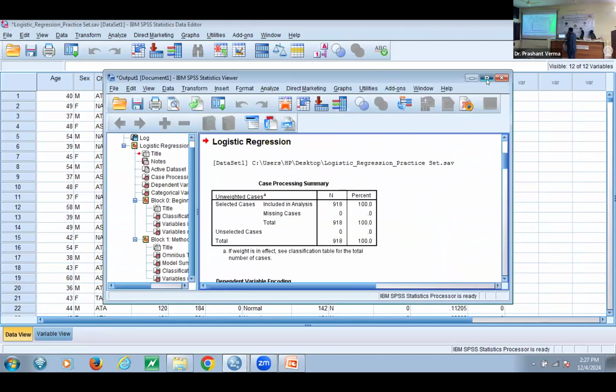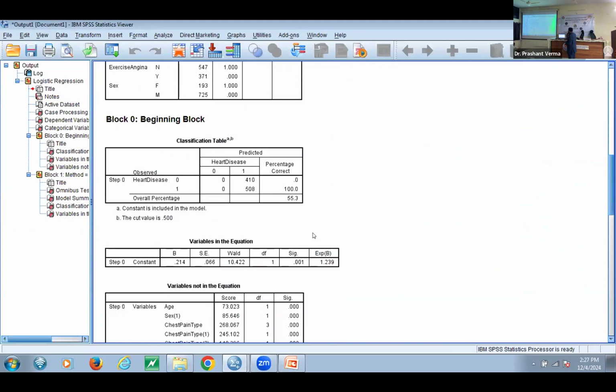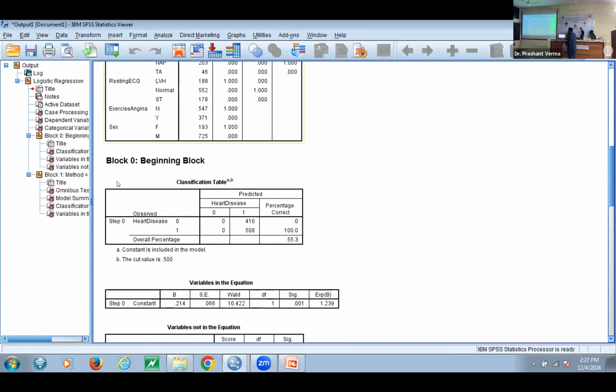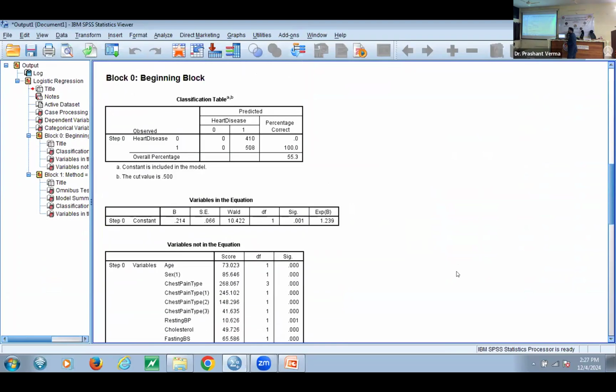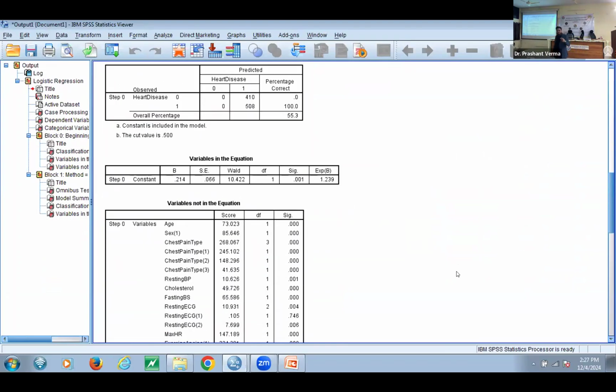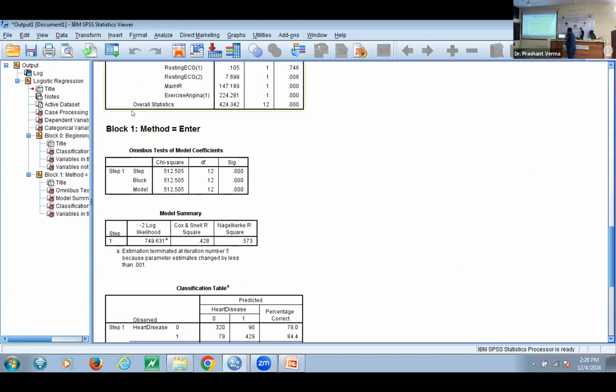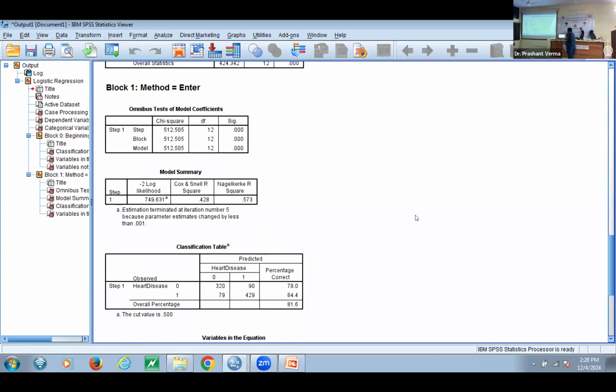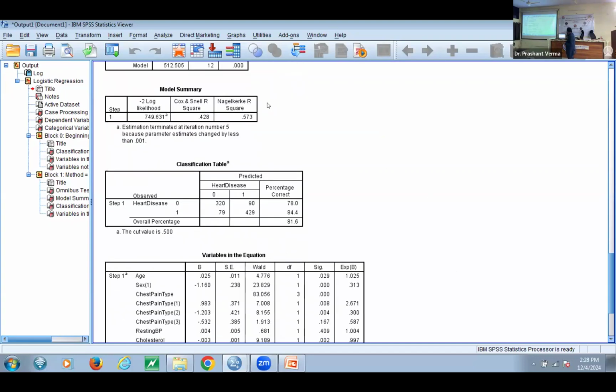So we will go to the output. The beginning block we will ignore, because it applies when you are not considering any independent variable, so the model is not trained yet. We will go to the first one, the Enter method. Rather than referring to the R square values, we will rely on the confusion matrix.